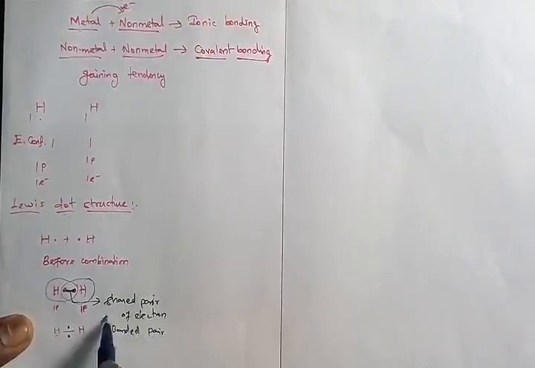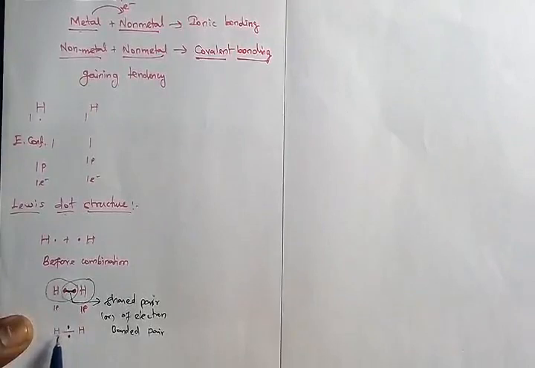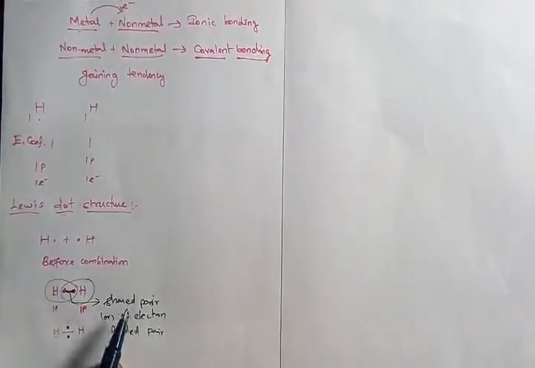Both are correct. So this bonded pair of electrons lies in the middle, because both atoms have the same power of attracting the electrons. This hydrogen also attracts with the same power as this hydrogen. So the electrons are in the middle of the bond.